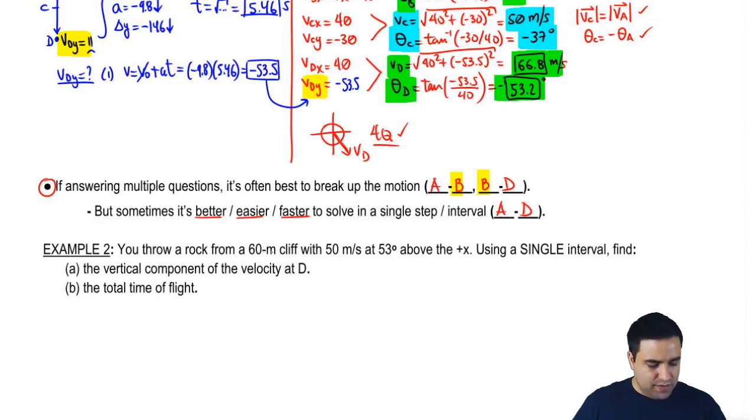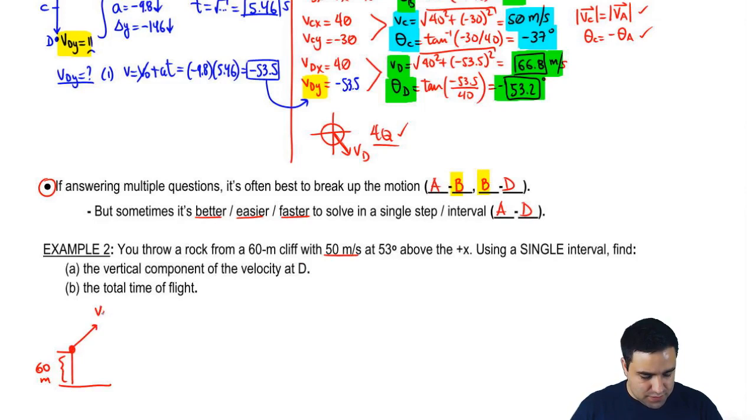And that's what I want to show you real quick, so you know that you can do this. Here we're going to throw a rock from a 60-meter cliff. So let's make a tiny little cliff here, 60 meter. We're going to throw this rock with 50. So call this VA equals 50 at an angle of theta A equals 53 above the x-axis. And obviously this thing is going to go and land over here somewhere.